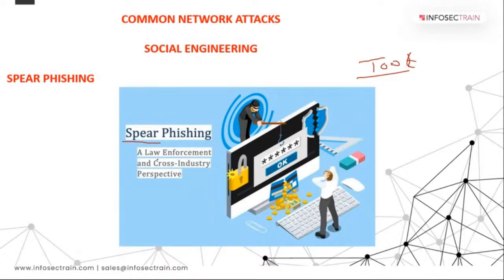Now, in spear phishing, what happens? In spear phishing, you only attack an individual or a single organization, right? You are aiming at a single individual or a single organization only.